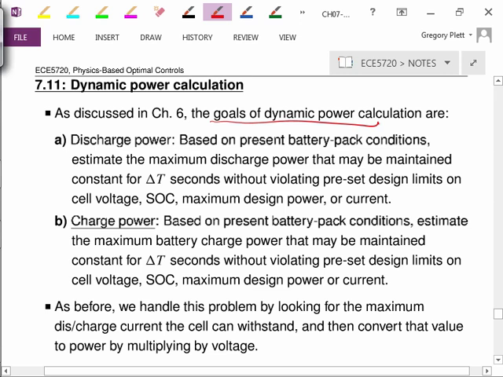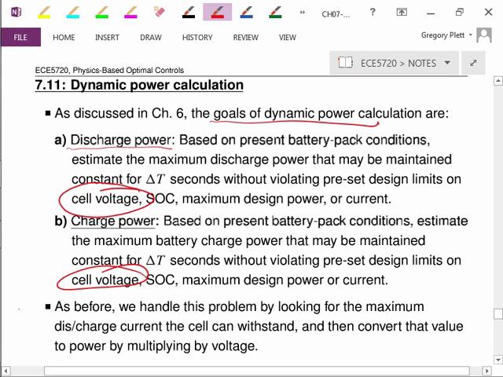We want to compute a discharge power limit based on the present battery pack conditions to estimate the maximum discharge power that might be maintained for the next time horizon of delta t seconds without violating preset design limits on cell voltage, SOC, maximum design power, or current, except now we are going to replace that cell voltage idea with something else. And the same for charge power.